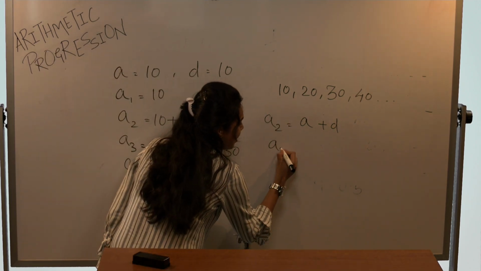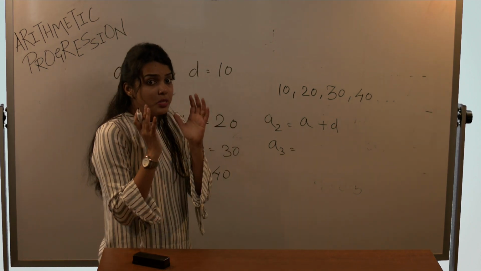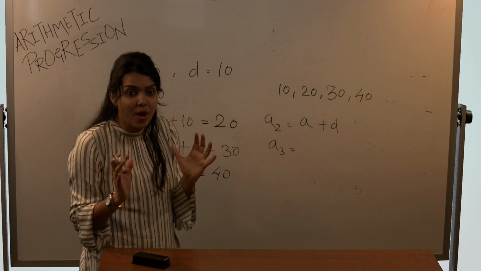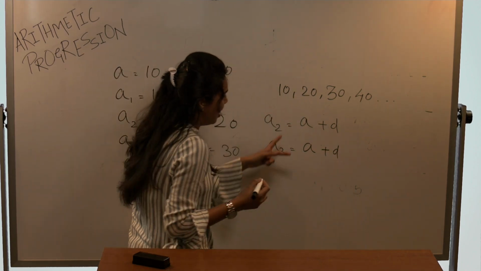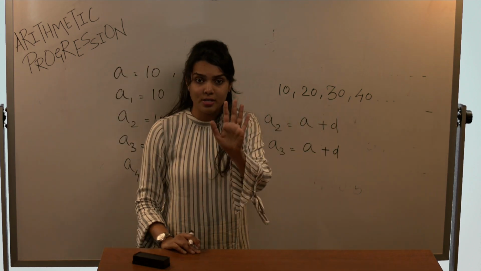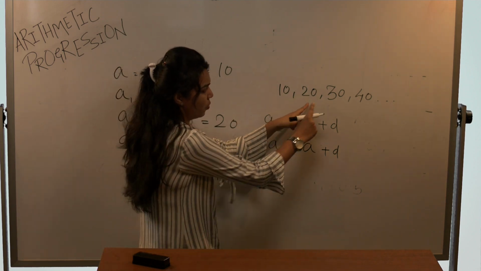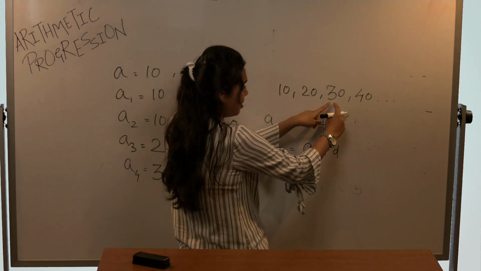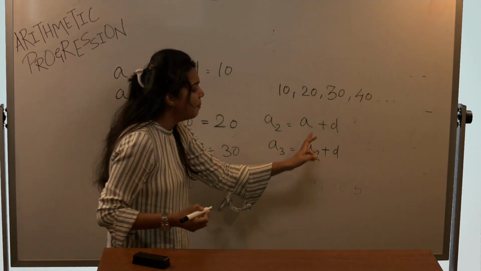Now A3 is equal to... now see, the concept is very important. If I write A plus D again, it will be the same formula. But A2 and A3 are not the same. They are different numbers. So A3 is the third term. I am adding the difference to the second term. So second term plus D.